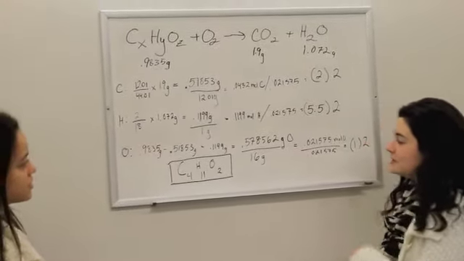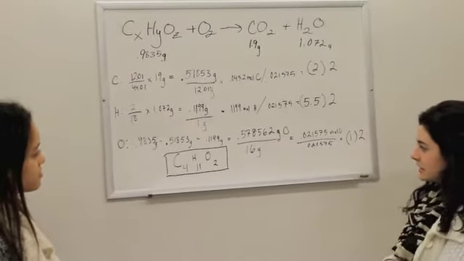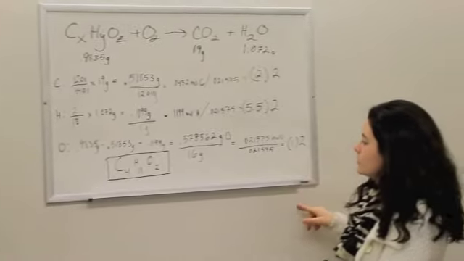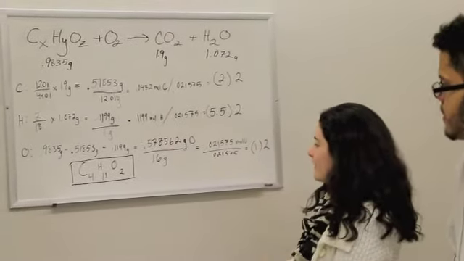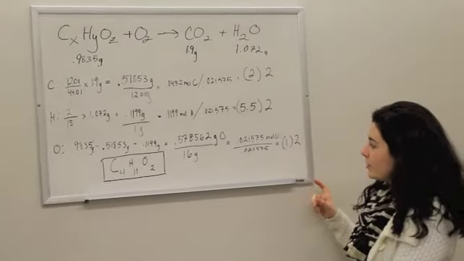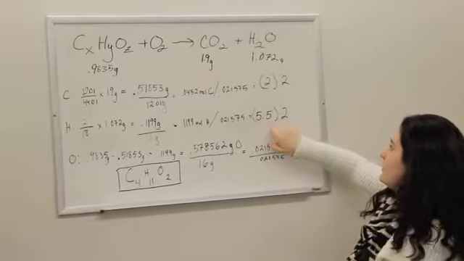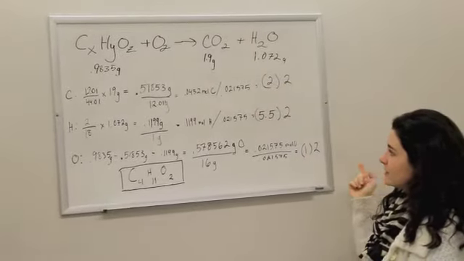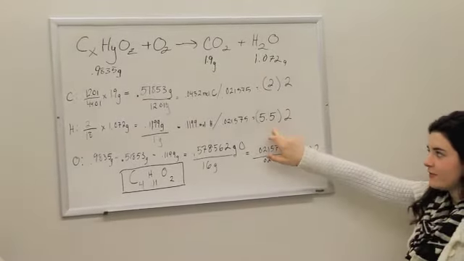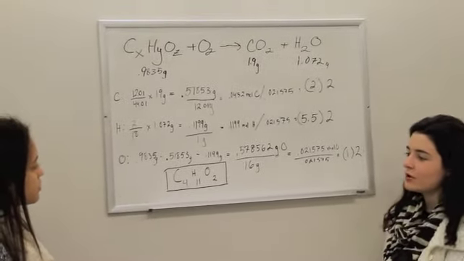And then we convert that to moles by dividing by the molar mass of oxygen, which is 16, to get 0.021575 moles of oxygen. And then because we want whole numbers, we divide by the lowest number. So we get 1, 5.5, and 2, but we see that there's still a decimal point, which is 5.5. So we multiply everything by 2 to give us C4H11O2.